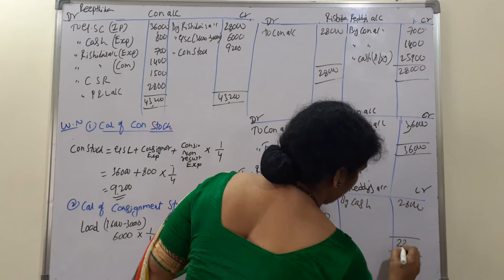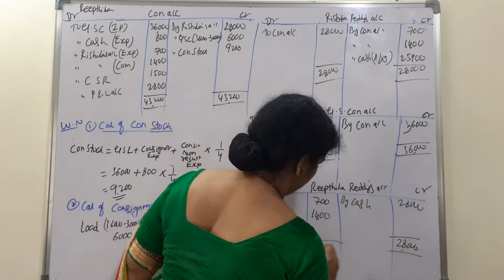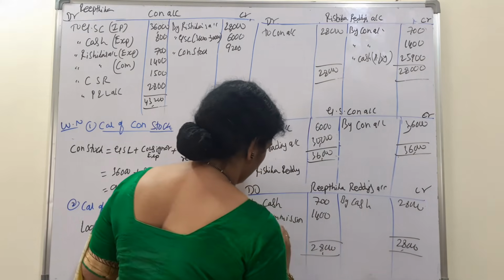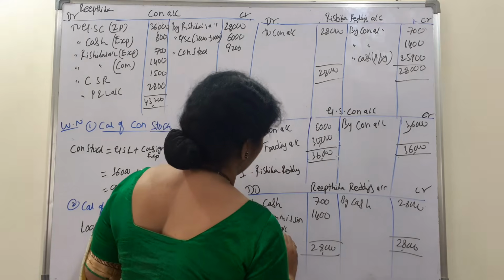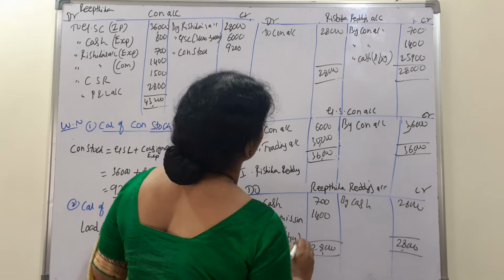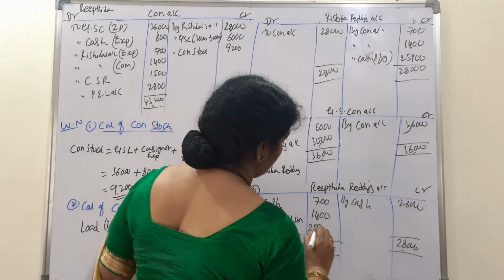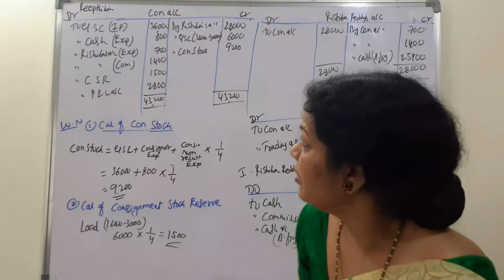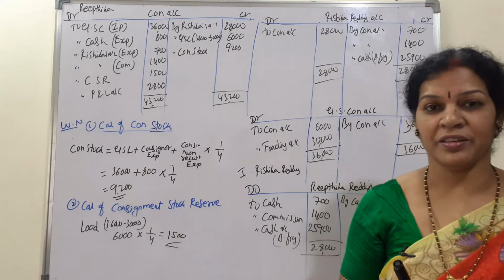The difference will be cash, the balancing figure. It is 25,900. That's it, over. Am I clear?